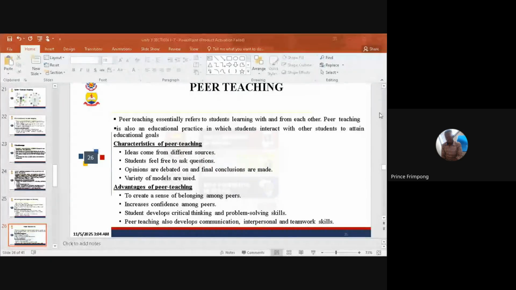But when it comes to the urban centers, can you give us at least a general example that can describe cooperative learning so that they can also catch it in a simple way?